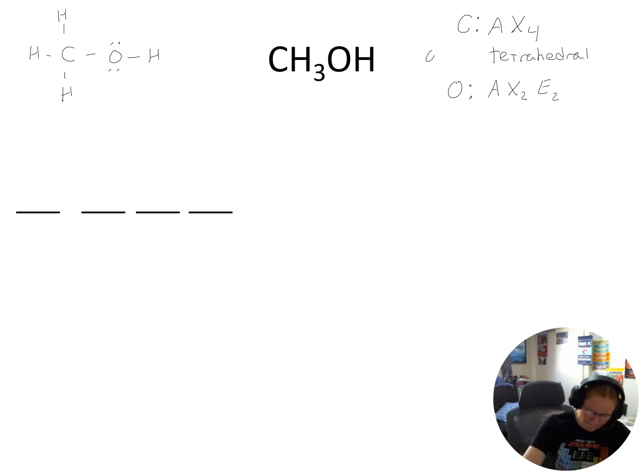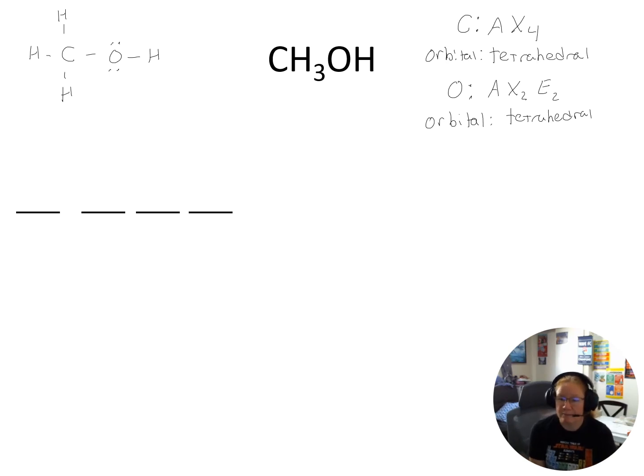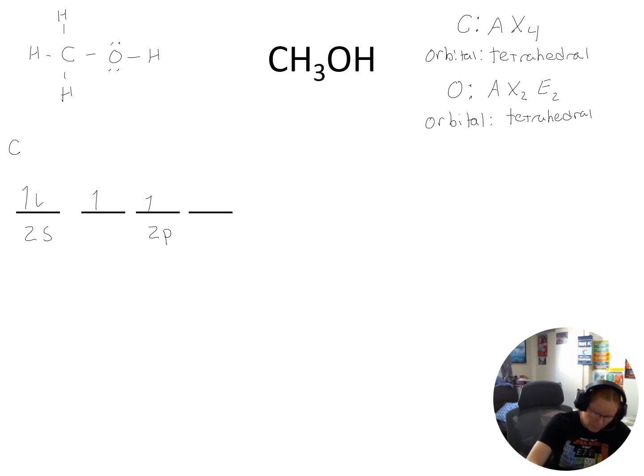So my orbital geometry here is also tetrahedral, which means that for both of these, we're going to need 4 places to put things. All right, so let's look at the carbon first. I have my 2s and my 2p, 1, 2, 3, 4 valence electrons.